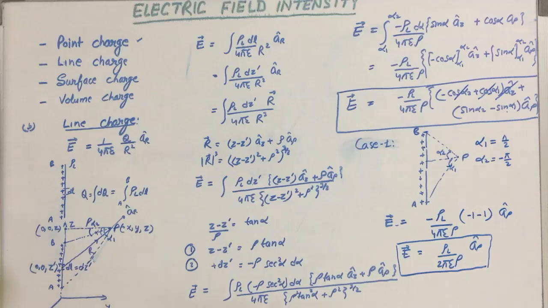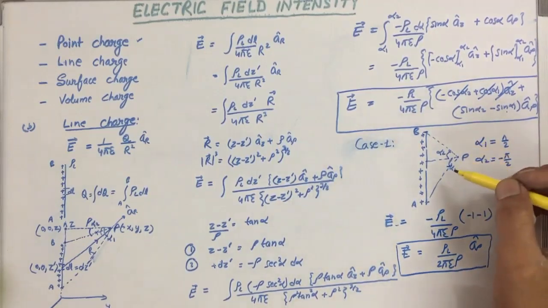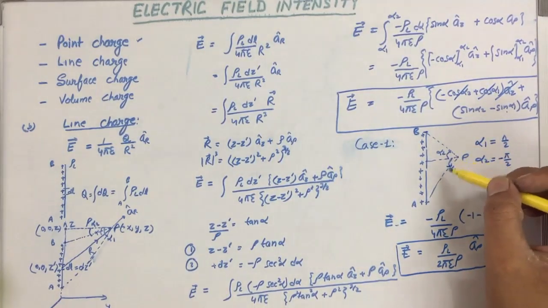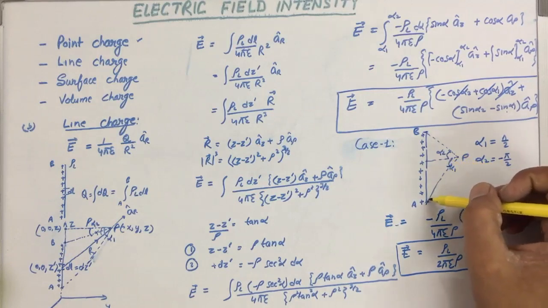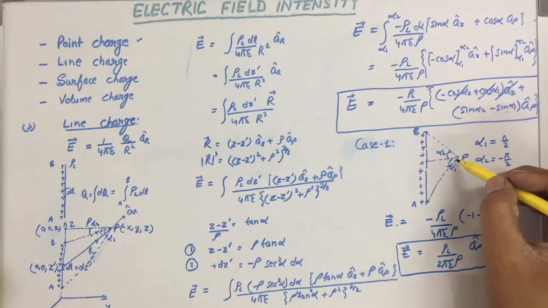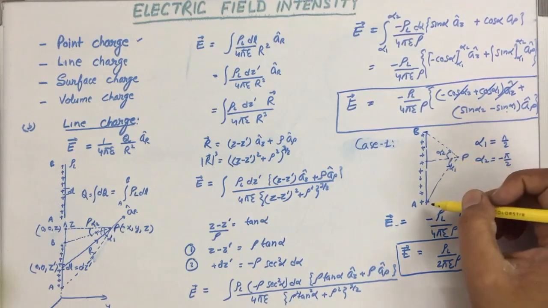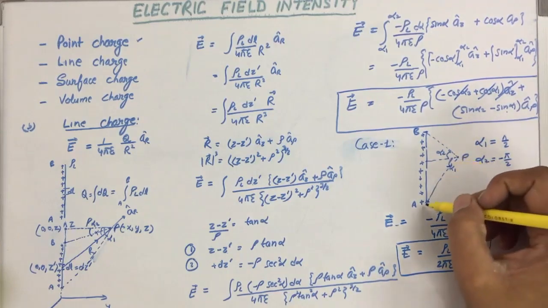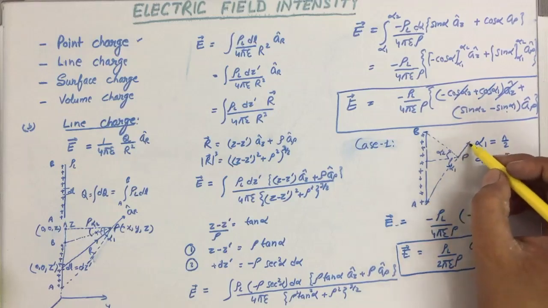Now let us try to understand how accurate our result is. Consider any point, for example A. The electric field intensity at this point P from this charge will be in this direction.